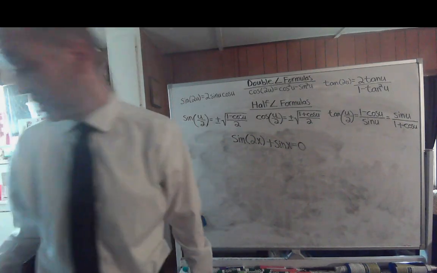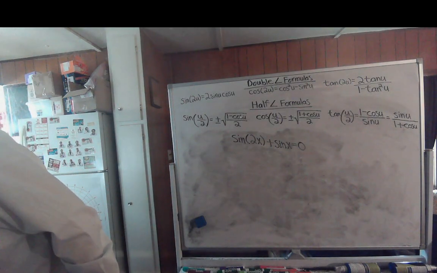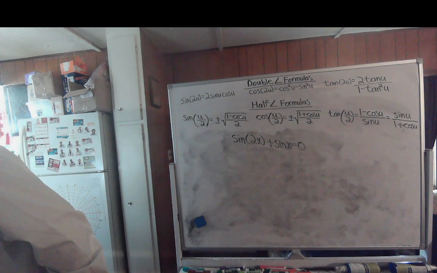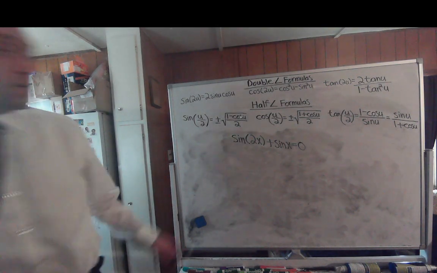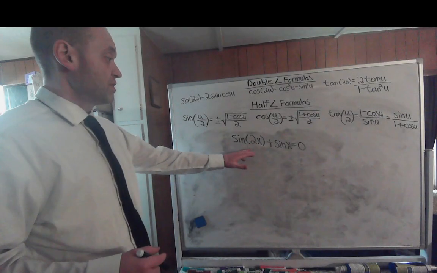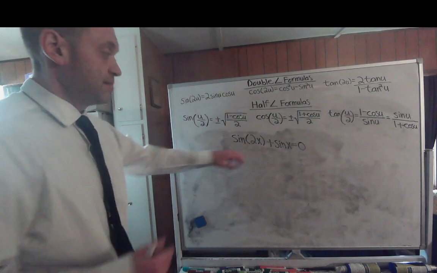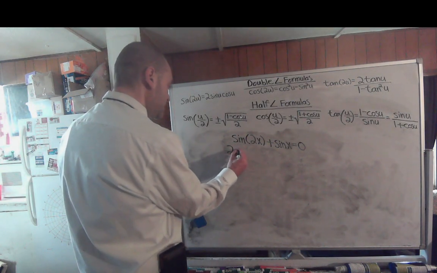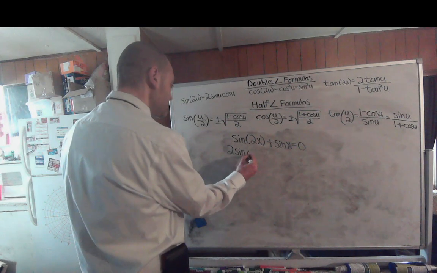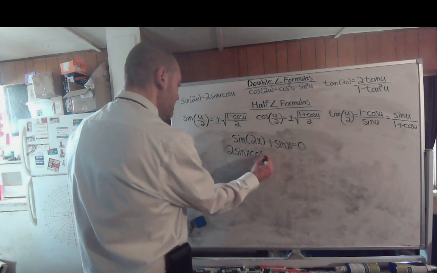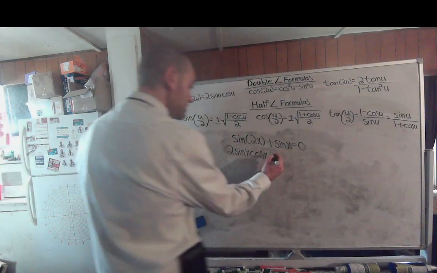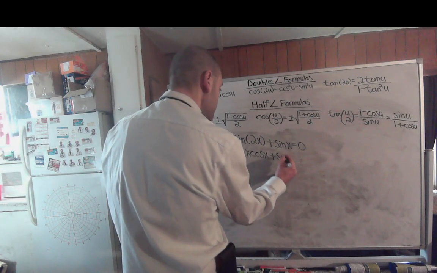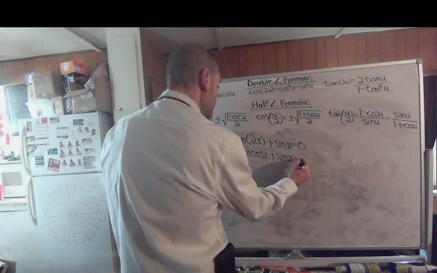Unfortunately, that trick just doesn't work this time. So we're going to have to convert that sine of 2x into the double angle formula. So this would be the same as 2 times the sine of x cosine of x plus the sine of x is equal to 0.